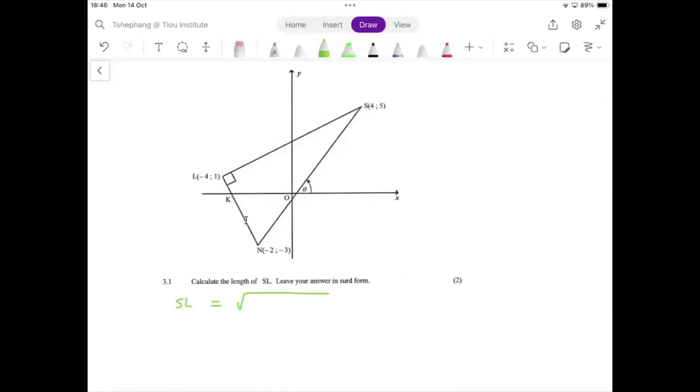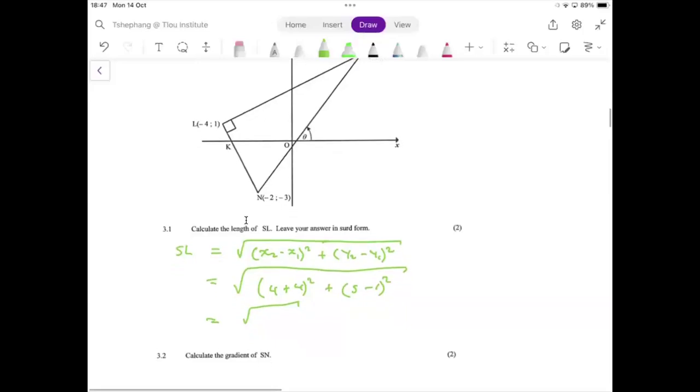square root of (x2 minus x1) all squared plus (y2 minus y1) all squared. Don't forget to square them. (4 plus 4) squared plus (5 minus 1) all squared. Right. Calculator work.